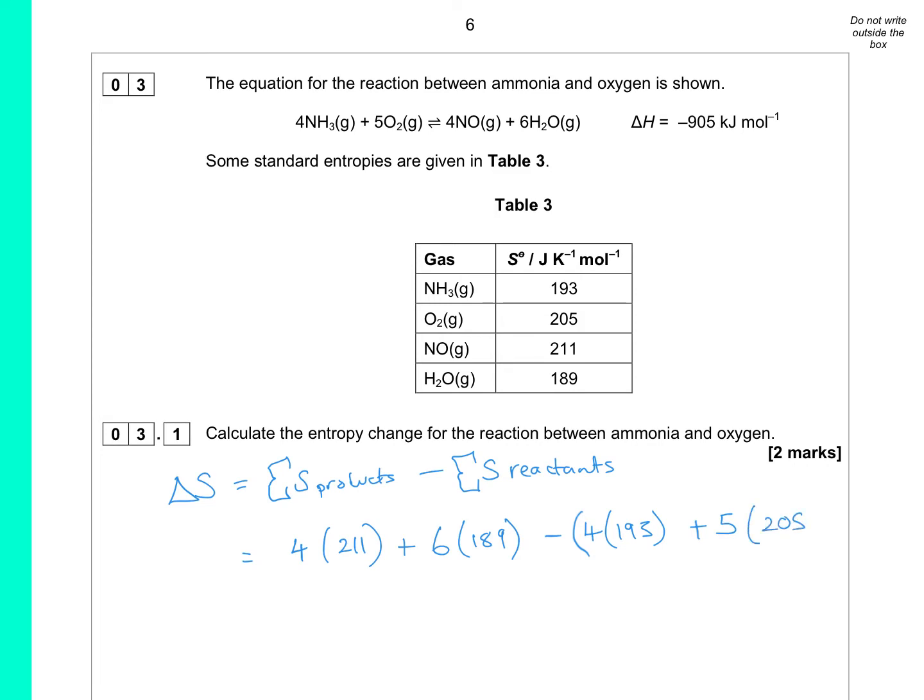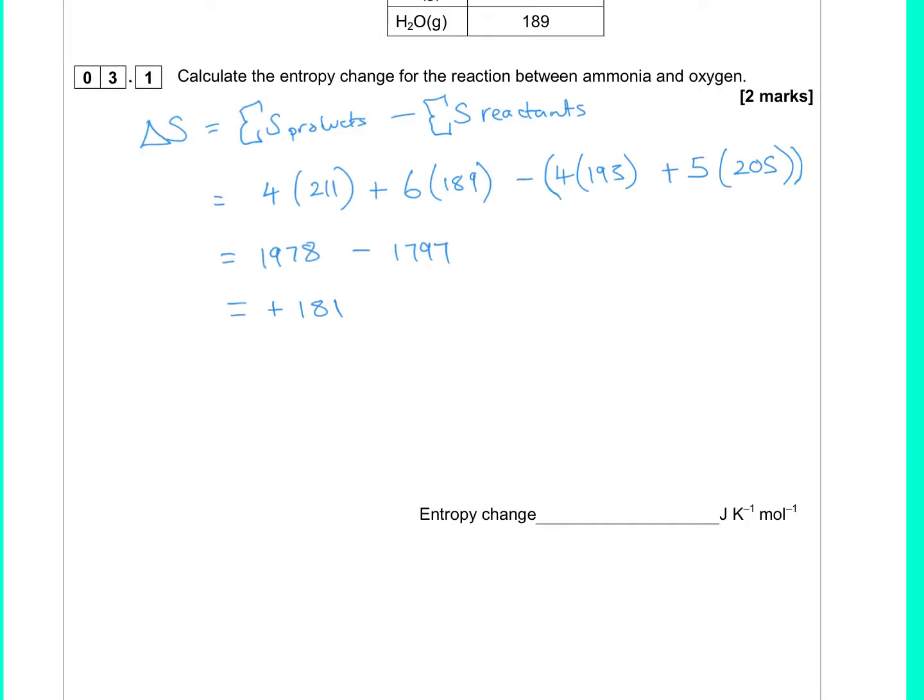And then we take the reactants away from the products. And we get a final answer of plus 181. Now this is in joules per Kelvin per mole.